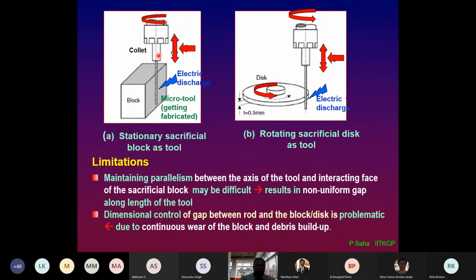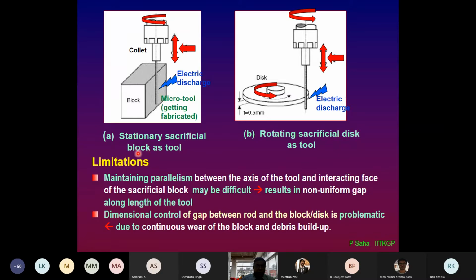So this is the job now, and this rectangular block is your tool. This may be made of copper. The tool and the job will be connected to two opposite polarities, connected to a pulsating DC supply. And locally, this rod will never touch the workpiece. So this narrow gap will be flooded with some dielectric.